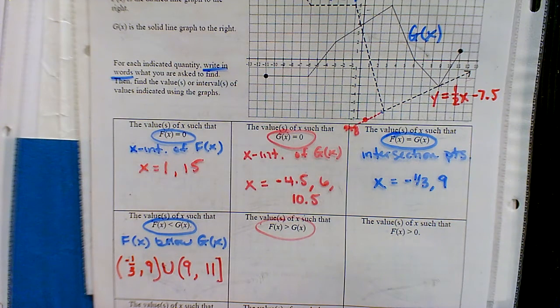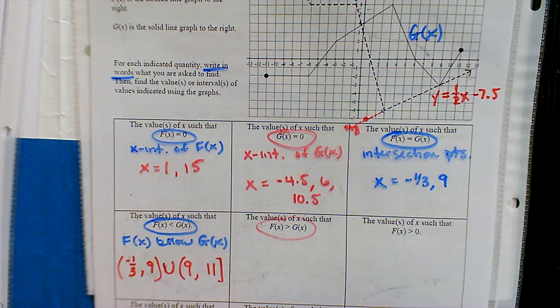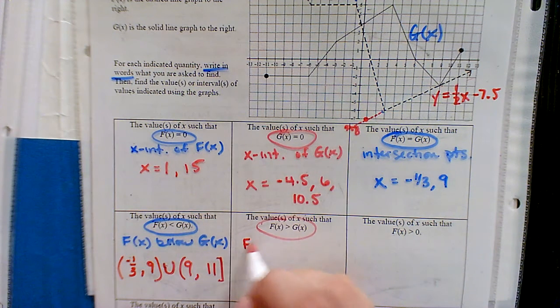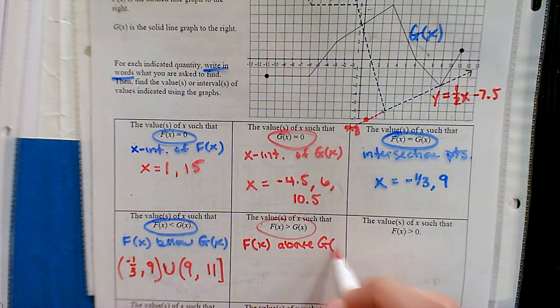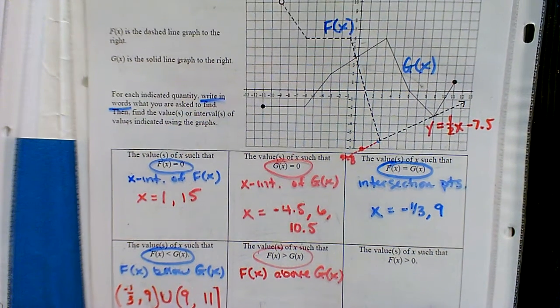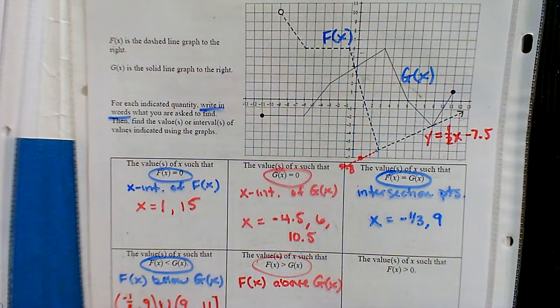So we want f of x is greater than g of x. What's that notation asking us to identify in words? Good, Maddie? F of x is above g of x. Okay, so this time dotted line is above solid line. Can we trace that section?